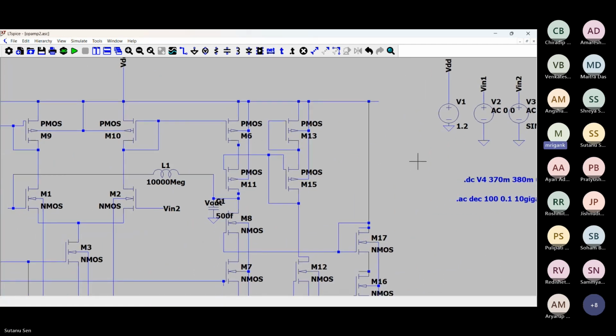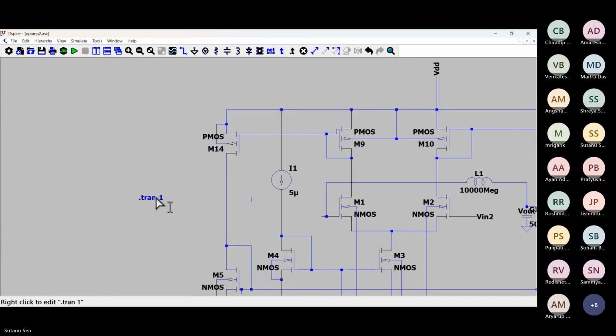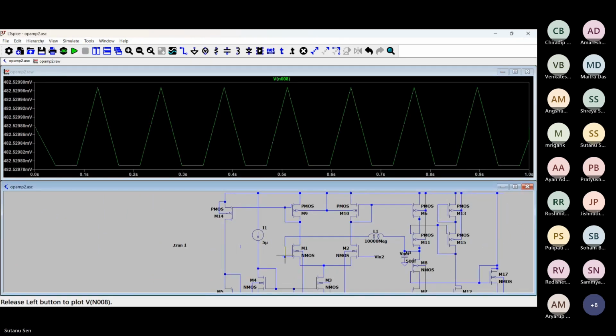And what is coming at the gate of M1? At the gate of M1, we have around 482 millivolts. Same thing means whatever you were getting earlier. Yes, sir.